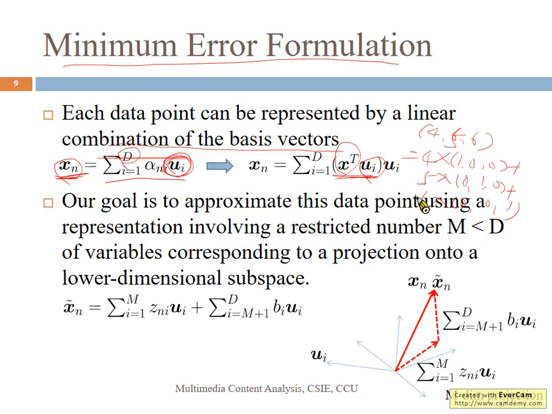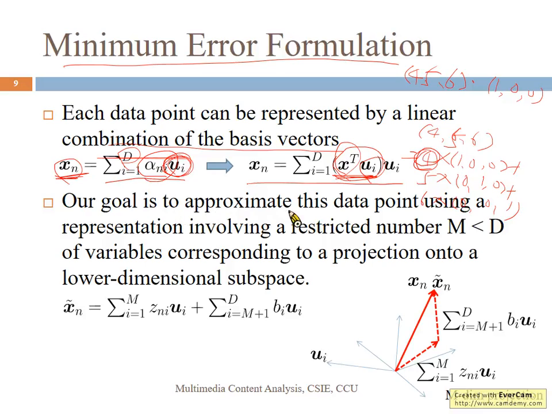So this is called analysis. And how can we get the weight? That is actually the inner product between 4, 5, 6 and 1, 0, 0. Remember that? So here, the weight alpha is actually the inner product between the original data point and the basis vector. So we can rewrite it as this.